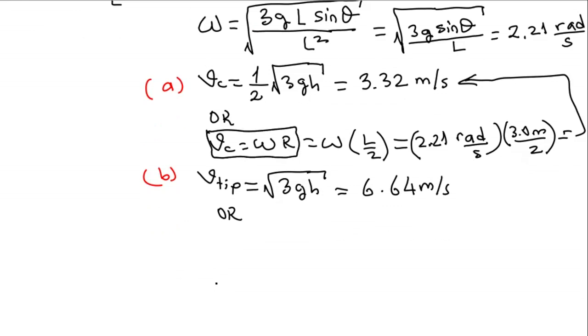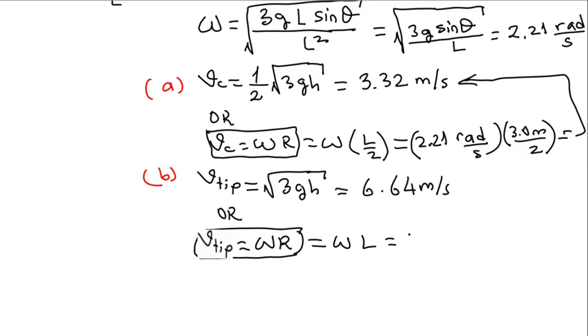Linear speed and angular speed, v equals omega r, and omega times, in this case not L over 2 but L. Omega was 2.21 radians per second, multiplied by, now not half of the length but the full length, 3.0 meters.